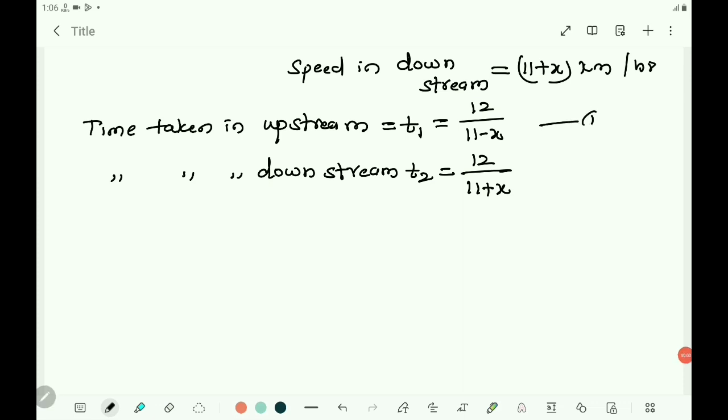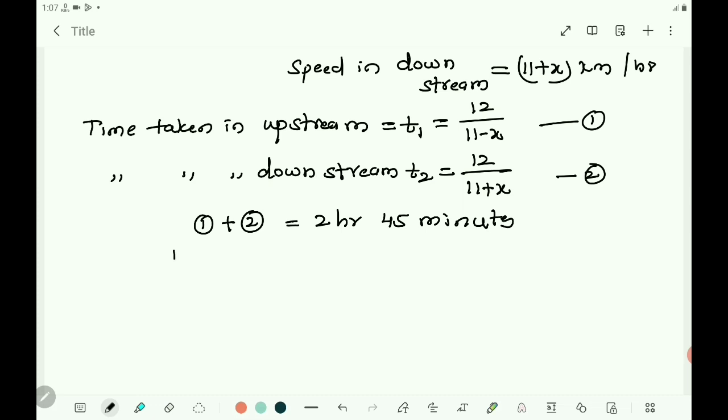This is the first time, this is the second time. Total time taken to go upstream and come back downstream is 2 hours 45 minutes. Then you write T1 plus T2, first plus second, equals 2 hours 45 minutes.